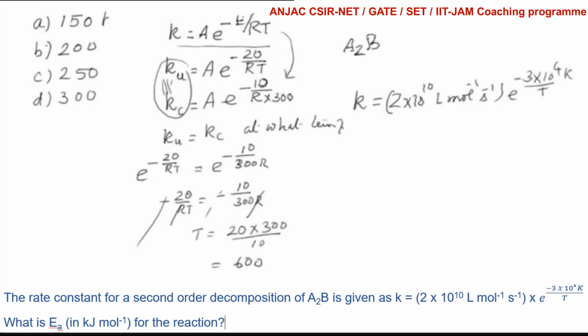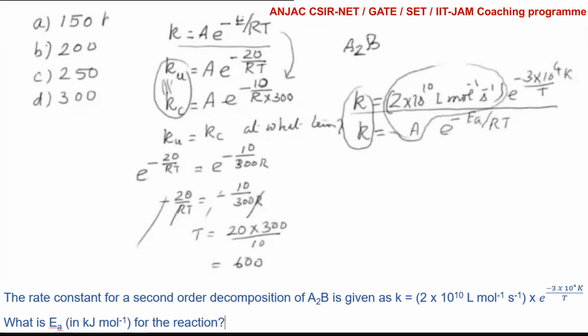And very, very simple is this one. Here it is given in the exponential form. You know the exponential form of this equation as K is equal to A into e power minus EA by RT. This K and this K are equal, this A is equal to this value, and EA by R is equal to this one.